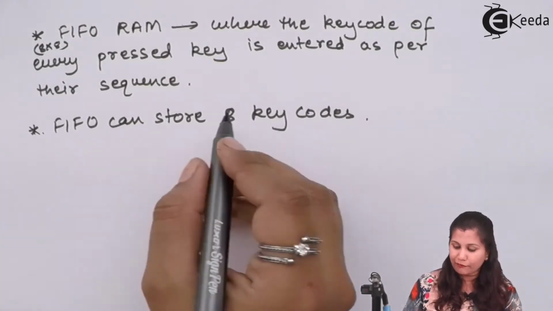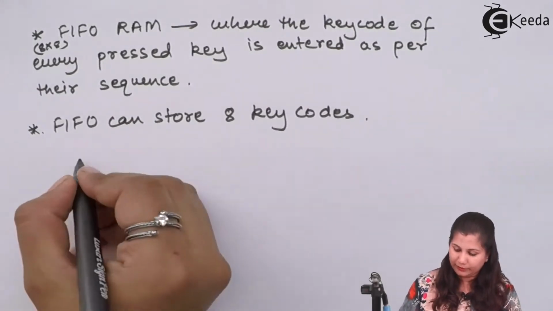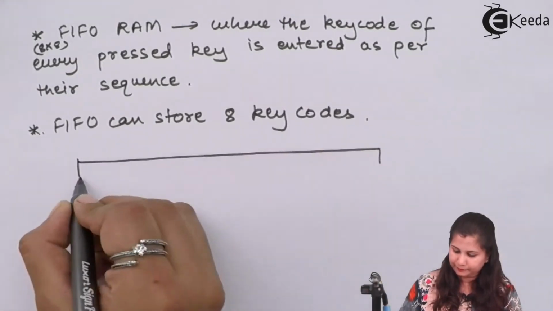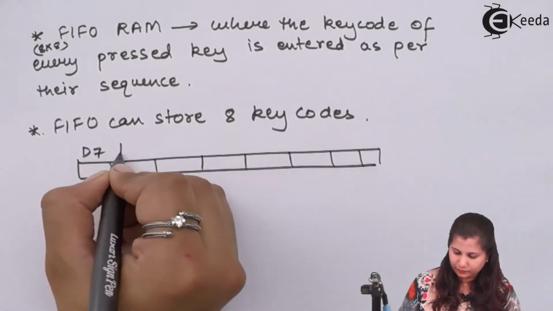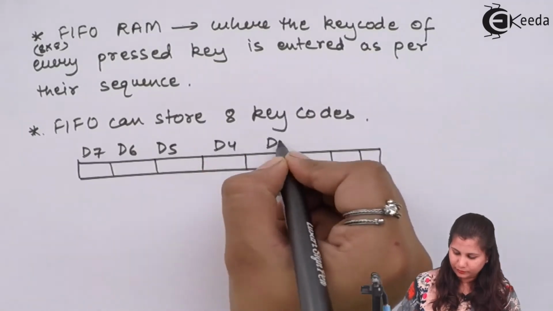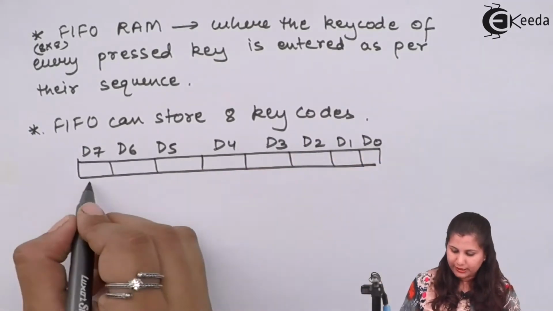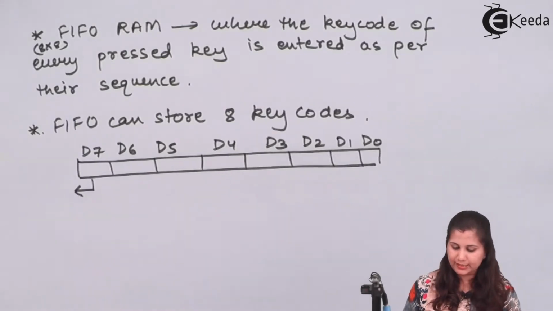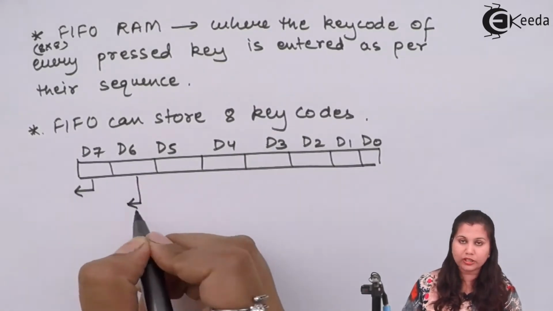So if we see the format of this 8-bit keyword, it will be like this: D7 bit is the status of the control key. D6 is the status of the shift key.